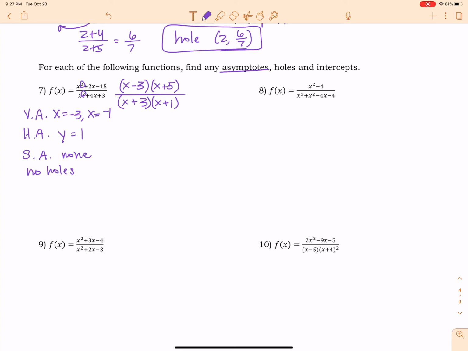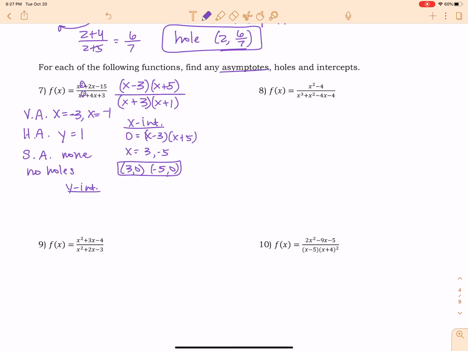And of course, your x and y intercepts. I know you're getting just crazy with these. Your x-intercept, you're going to set the numerator equal to 0. So we have x-intercepts at 3 and -5. The reason we're finding our intercepts every time is because we're going to need those when we graph.